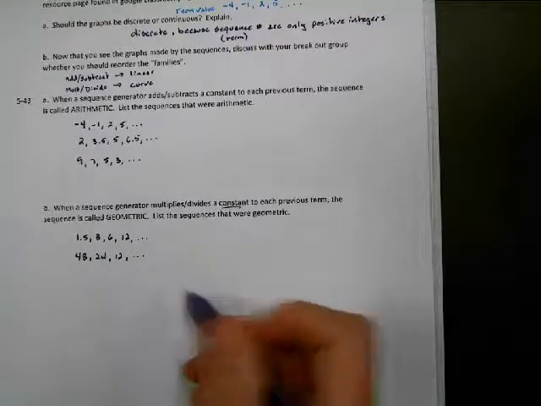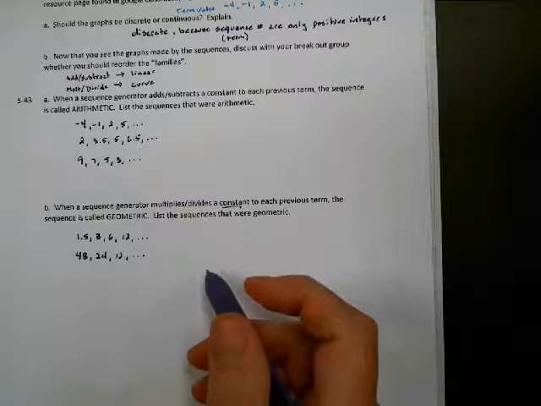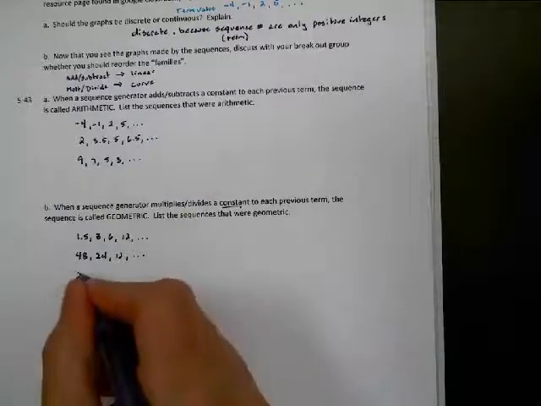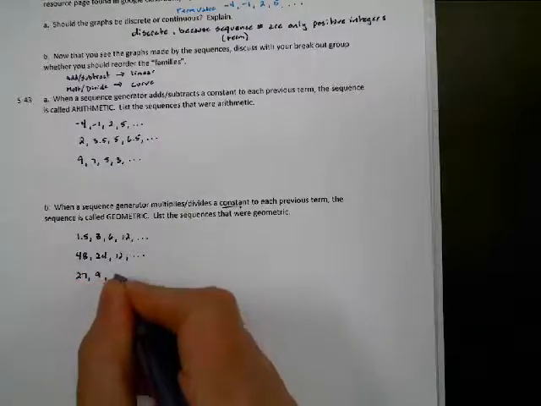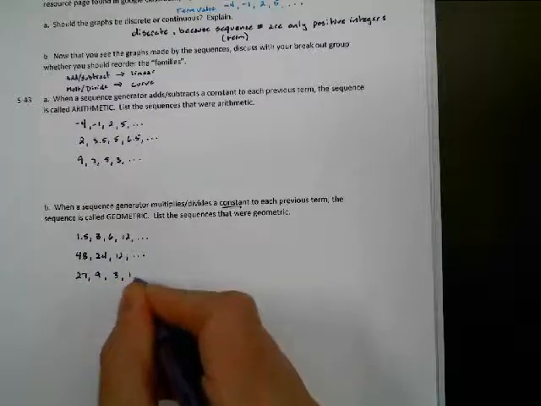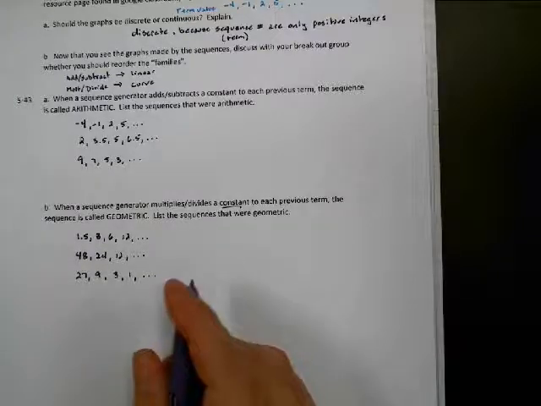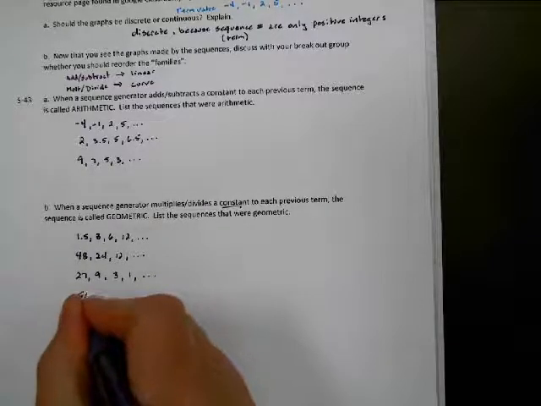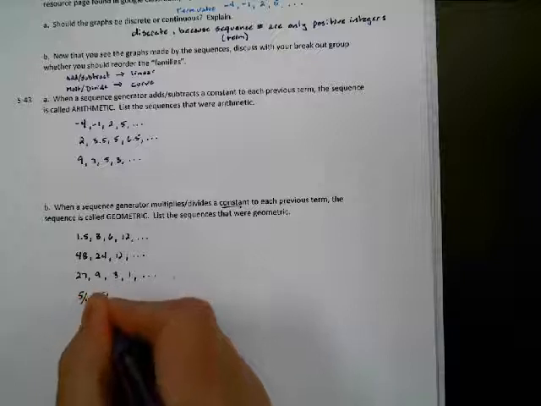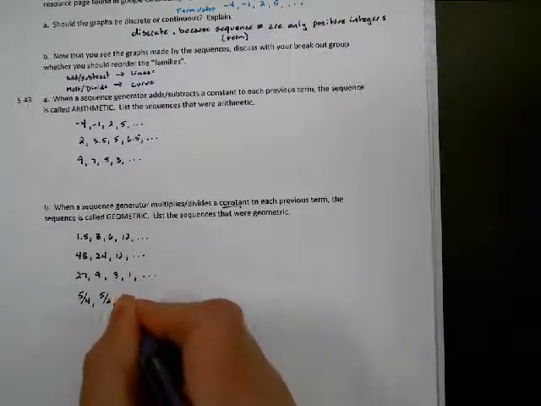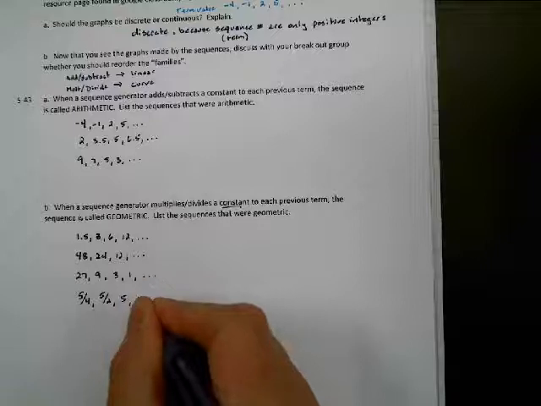H started at 27, then went down to 9, then 3, then 1. This is the one that was dividing by 3 each time, so that's geometric. And then our last one was J. This one started at 5/4, then went to 5/2, then to 5, then to 10. This is the one that was multiplying by 2 each time.